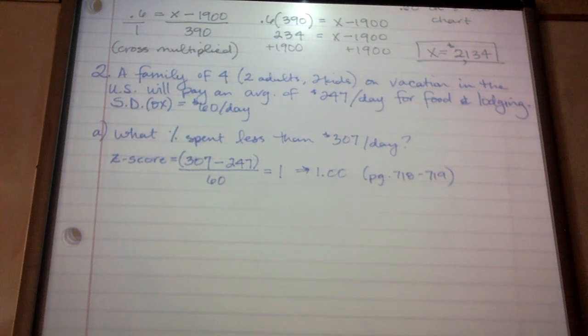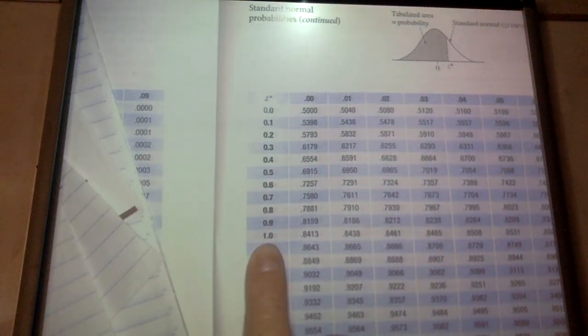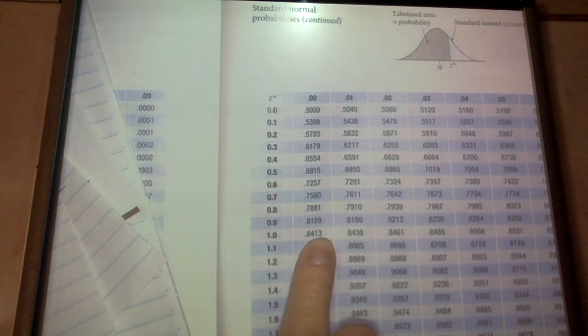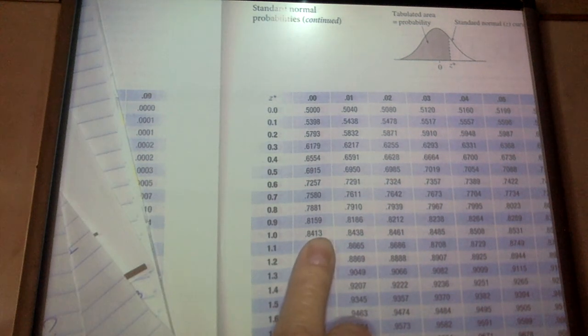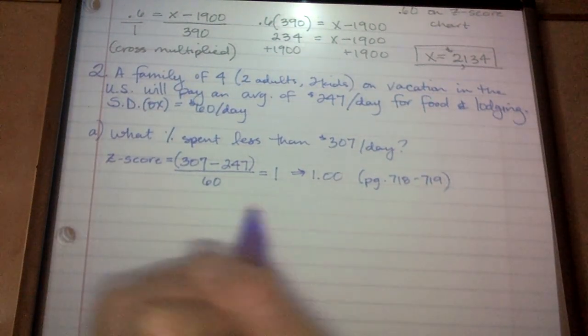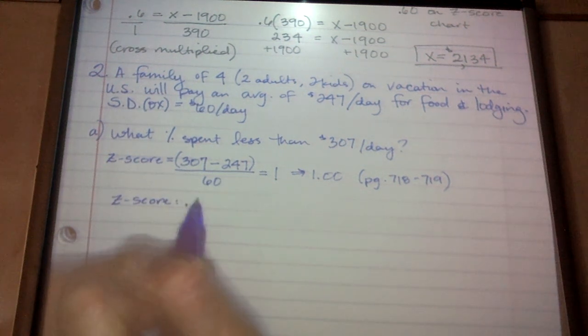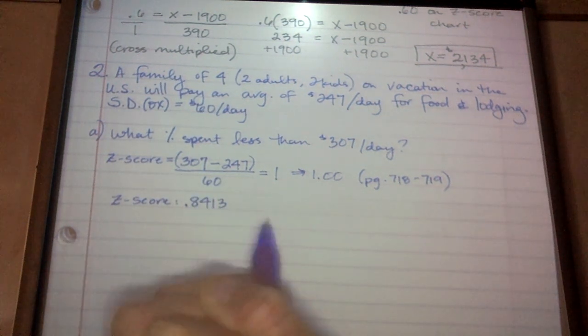So go to your table, right on page 718, 719. And this one's nice because we just have simply 1.0, and there's nothing after the decimal, 0.00. So I'm going to use 0.8413. You can already see it from our table. I got 0.8413.